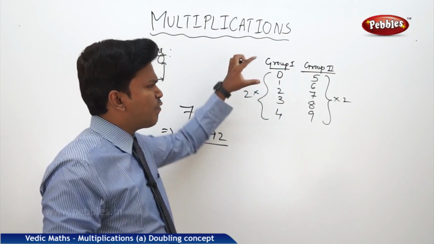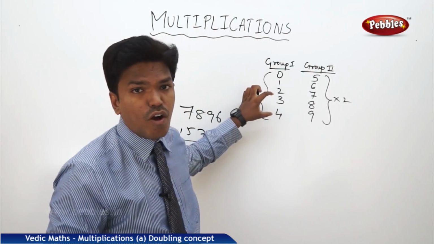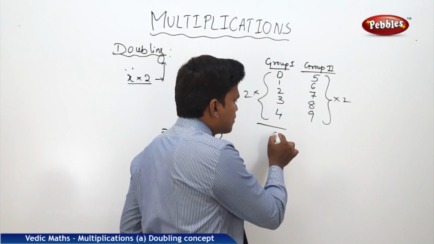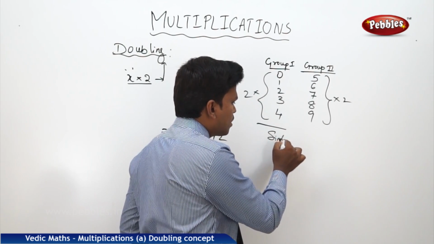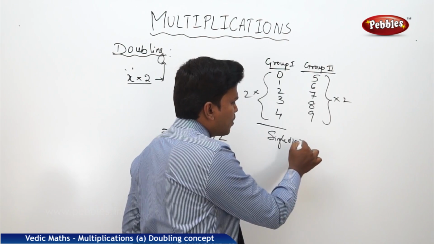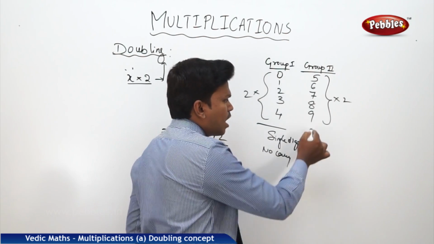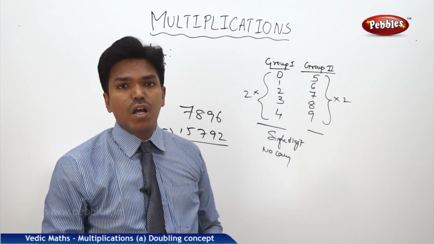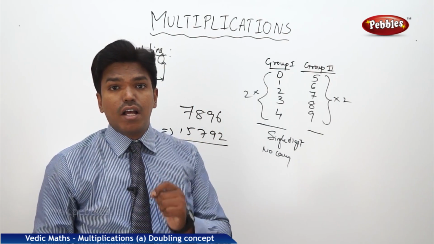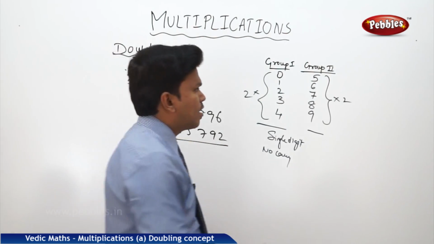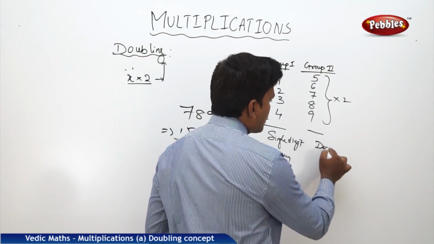If you multiply the digits of group 1 by 2, you get only a single-digit answer. There will be no carry. But if you multiply the group 2 numbers by 2, you get double-digit numbers with 1 as the maximum carry.